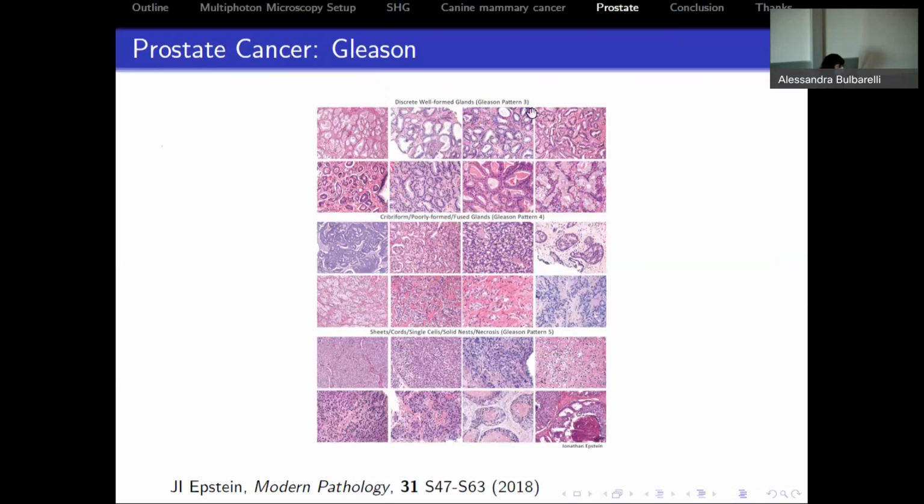There are the types of pattern 3, 4, and 5. And pattern 1 and 2 is considered healthy still, and pattern 3 to 5 are the ones that are considered cancer.